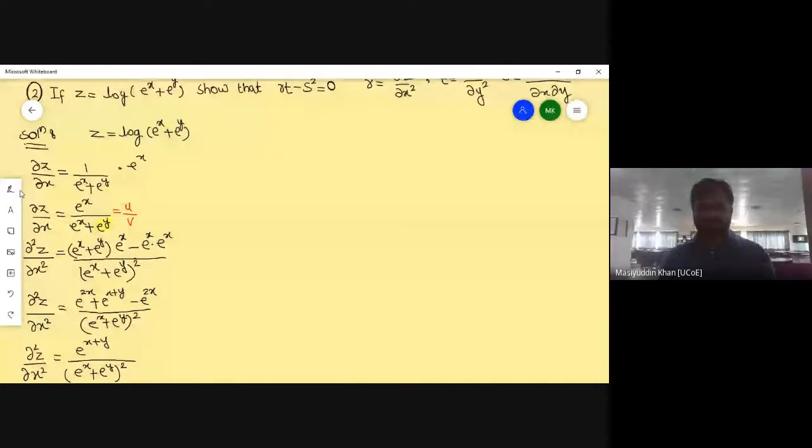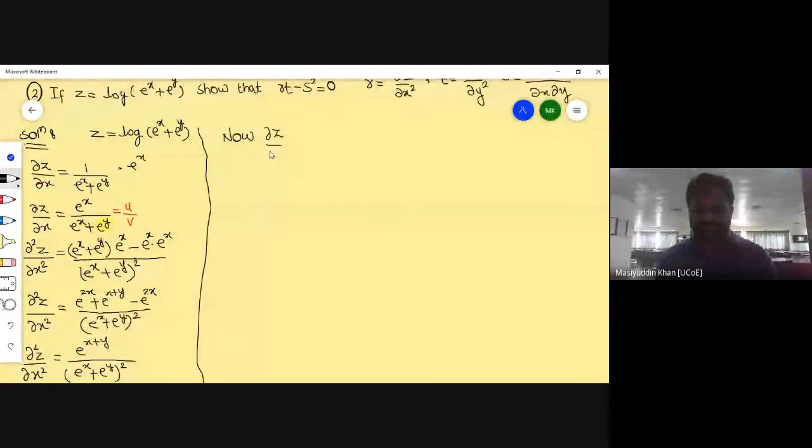Now again I'm writing here this part. Now as we know that ∂z/∂x is equal to e raised to x upon e raised to x plus e raised to y. Here we have written this. We have to perform the u by v rule again, but with respect to y. So ∂z/∂x∂y.